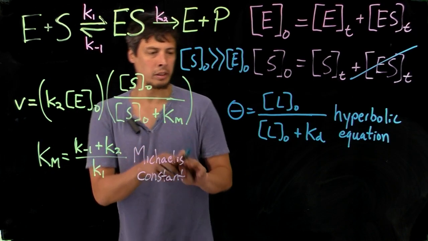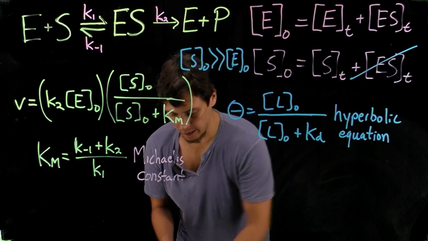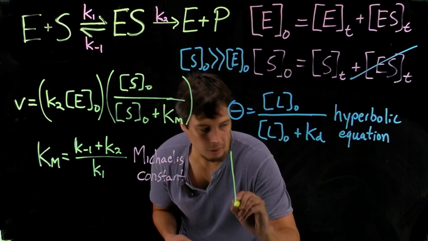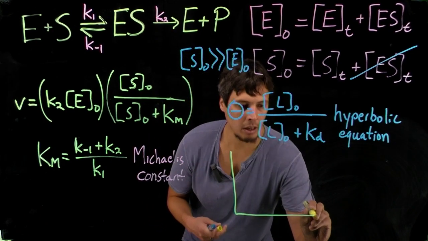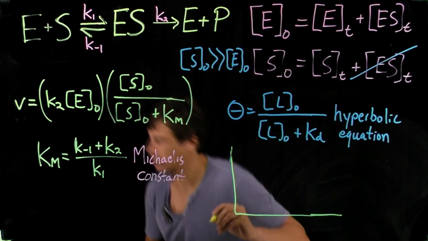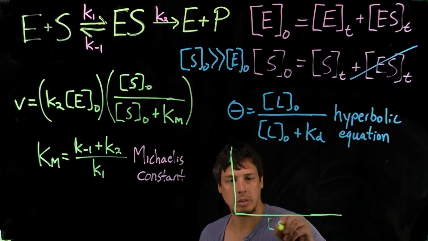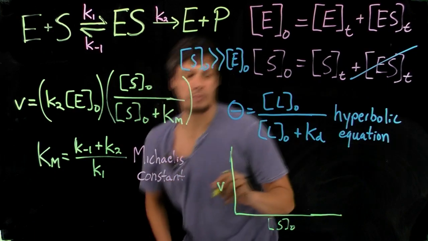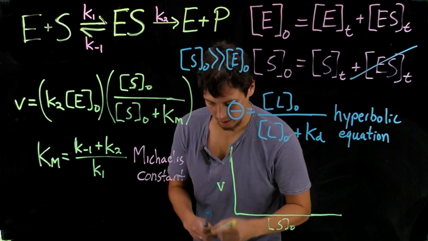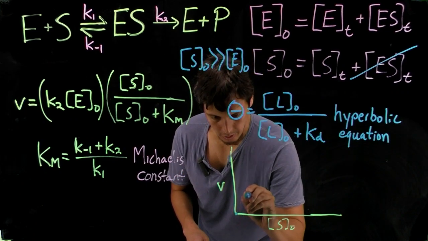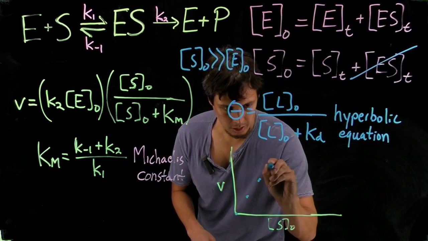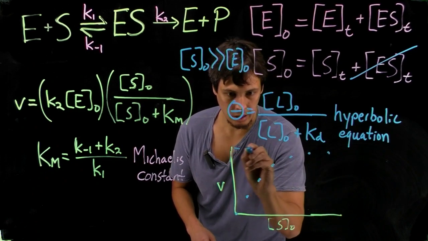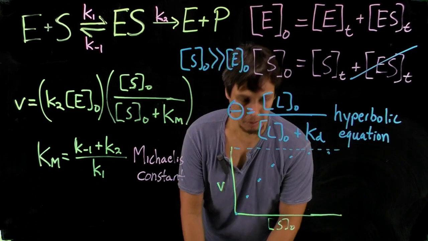So we can think then of the same way, what we would expect is that if we have different initial substrate concentrations versus rates, we would expect to see several points that begin to saturate at some asymptote.